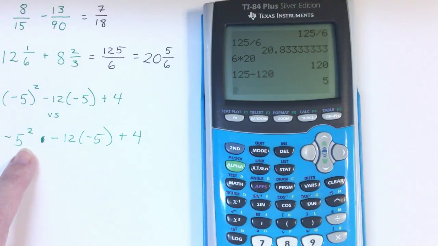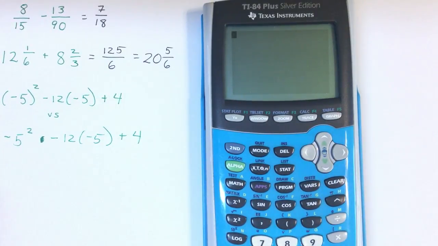Here, without the parentheses, my base is 5. 5 times 5 is 25, then we negate it. So you do need to be careful with using your calculator and knowing what you're doing. The calculator can give you an answer very quickly. It's up to you to be able to determine if the answer is correct.